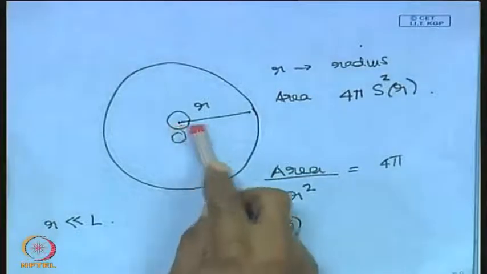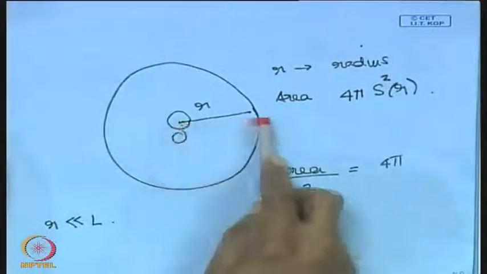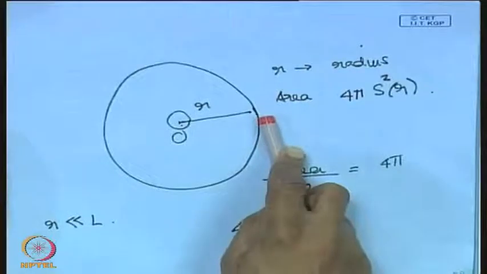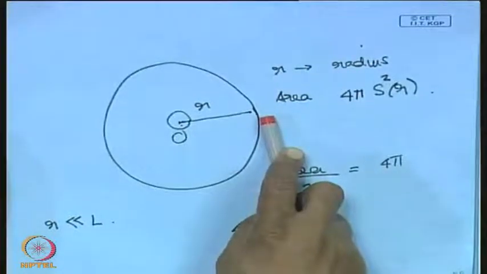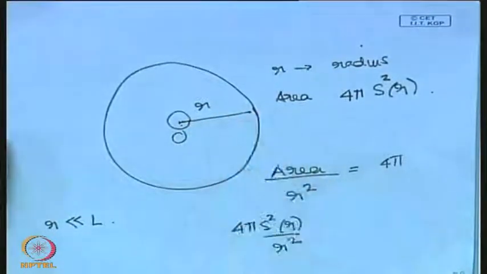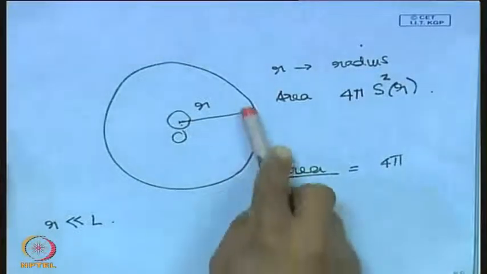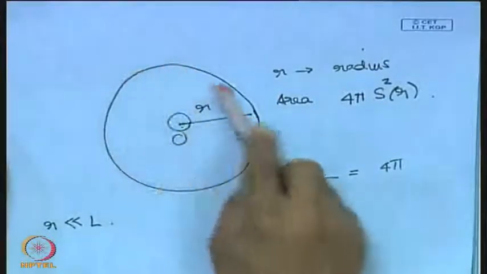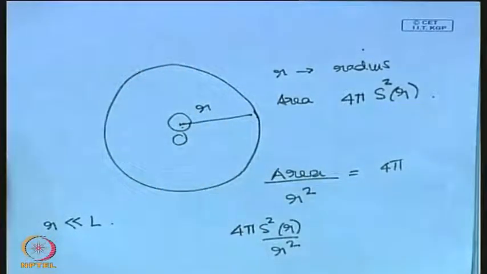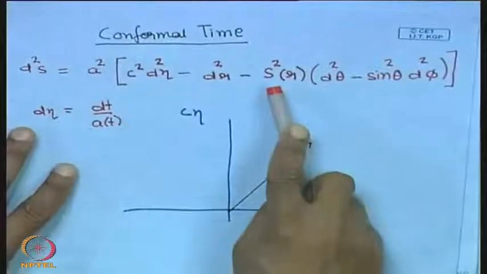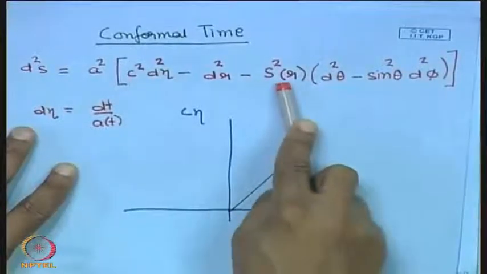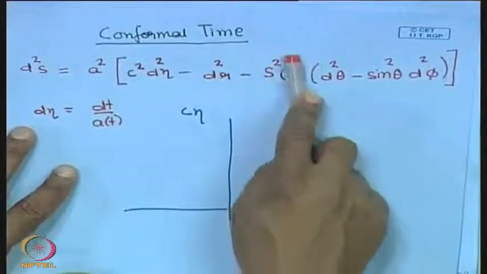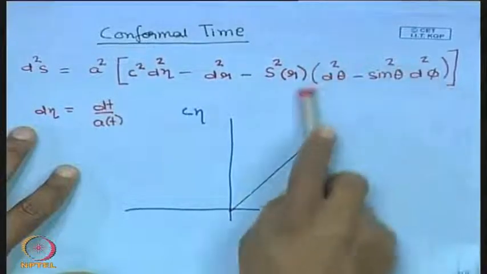r is the distance. So, let us take another point over here, a galaxy, let us say over here. r is the comoving coordinate to the galaxy. So, if I consider a sphere of radius r, the surface area of that sphere is given by 4 pi s squared, because this is the thing that multiplies the solid angular terms.